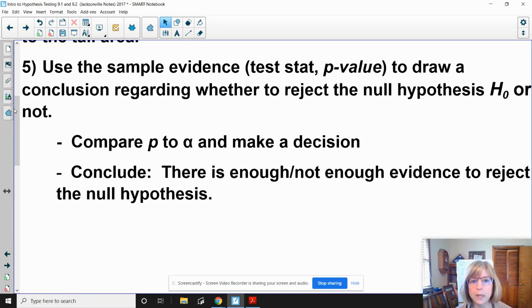Now, the way we're going to do that is to compare the p-value, the area, with our level of significance, our alpha value, and decide, do I reject or fail to reject? The last thing we do is write a conclusion, and our conclusion is always, do I have enough or not have enough evidence to reject the null hypothesis? Now, we need to say that in specific terms, not just reject the null, but specific to our problem.